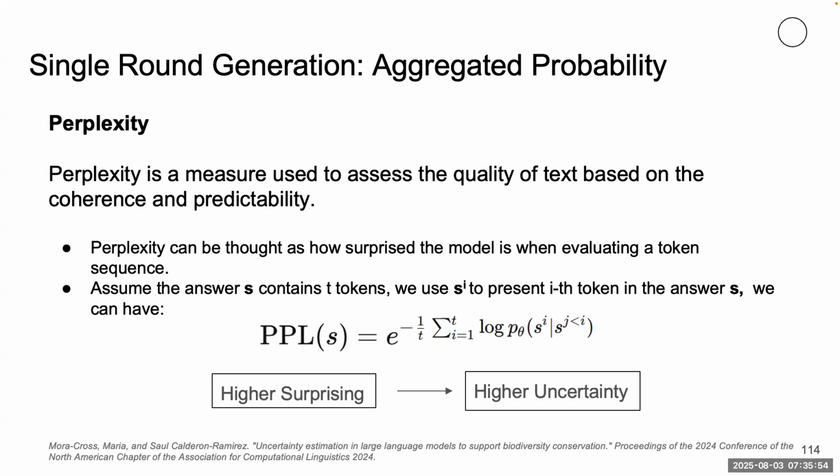At every step of the autoregressive generation, we sum their log probabilities, and after all of that, we take the exponential of it. Perplexity can be thought of as how surprised the model is about the generation, so it is natural to think higher surprise indicates higher uncertainty. This perplexity is specifically designed for sequence modeling.